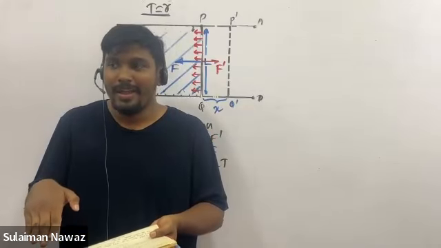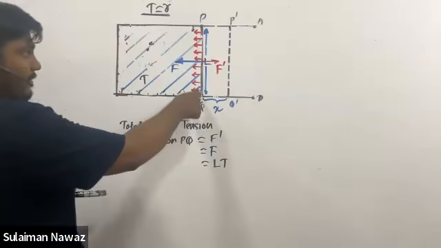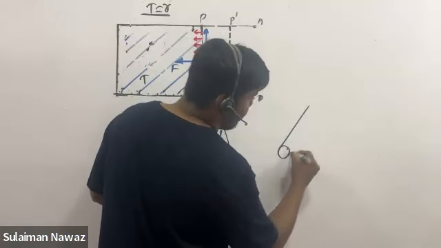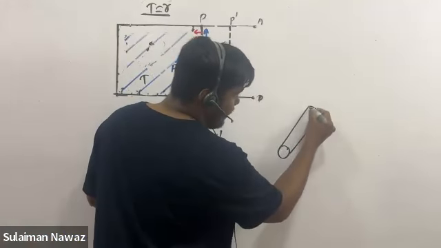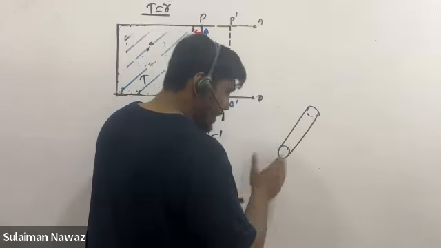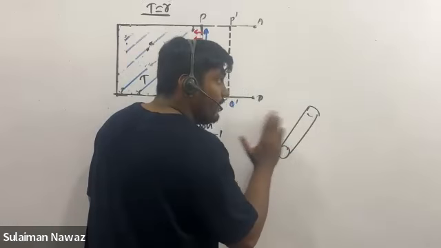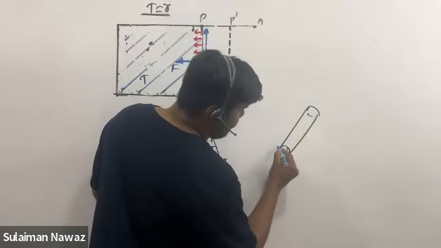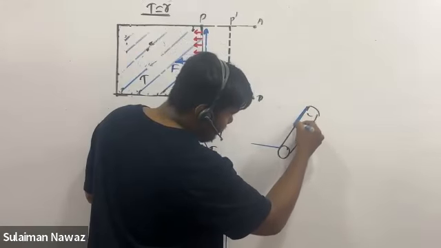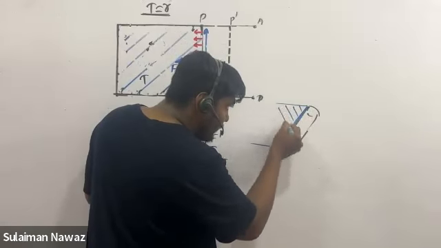If I draw the 3D view of this PQ wire, look here, there are two soap layers. When you consider a soap film, there are two surfaces of a soap film. Topmost surface of the soap layer. In that soap film, there are two layers of soap.